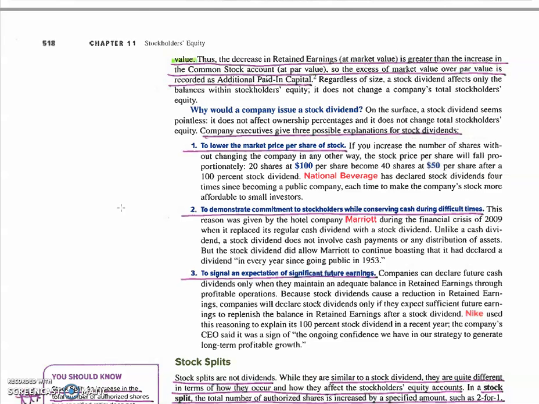So therefore, it will reduce the price of the stock, because if the corporation was worth $10 billion before you issue the stock dividend, it's still worth $10 billion, but it's divided between more shares of stock.